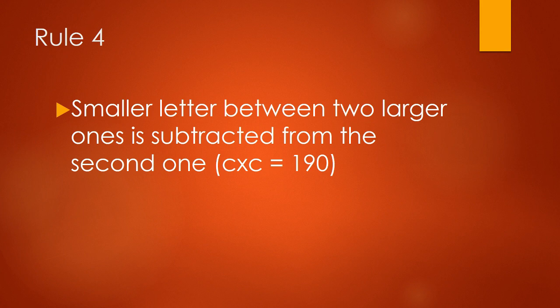XC represents 90, because you take the C, which is 100, and subtract 10, the X, which equals 90. So CXC represents 190. Just remember that the 90 is only represented by the XC.